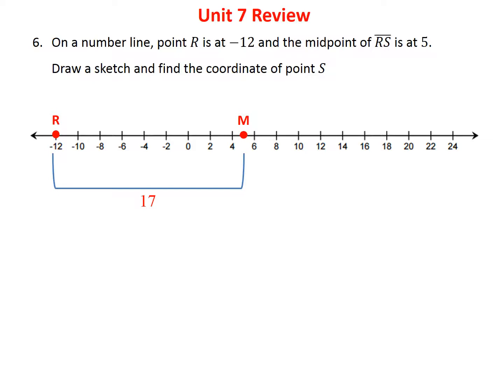If I draw this bracket here, I realize that to go from -12 to 5 is 17. I mean, 5 minus -12 is 17. All I have to do now to find the endpoint is just add that to the other side. So 5 plus 17 gets me to 22. So the endpoint of RS, or the point S, is at the point 22.